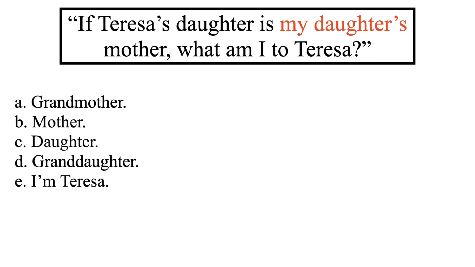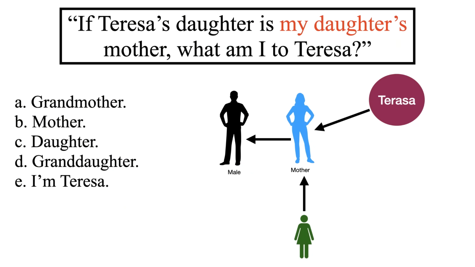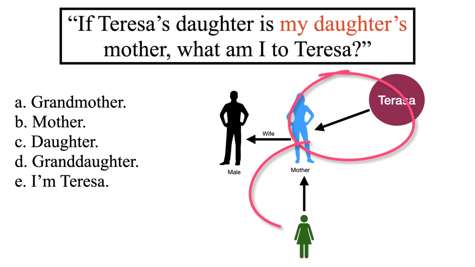Alright, say there are two possibilities here. First, I is a male, second, I is a female. If you take the first case into consideration, Teresa's daughter equals my daughter's mother, or Teresa's daughter equals my wife.